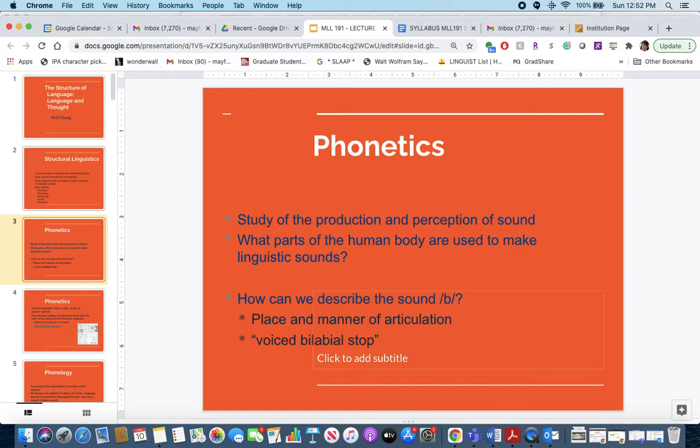So we would say it's a bilabial stop. We would say "ba" is very different from other sounds because it's voiced. When you put your hand on your vocal cords, you can actually feel yourself saying "b," right? So that means that it has a voiced quality.